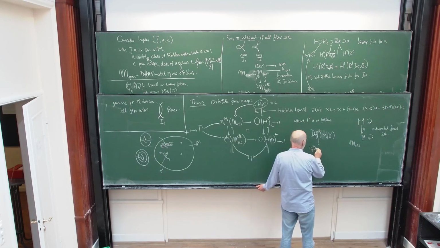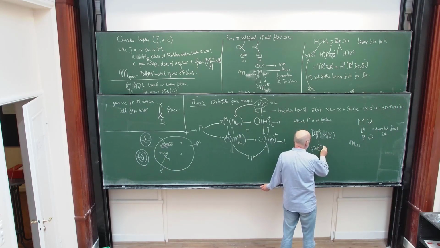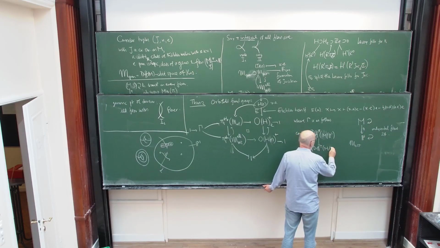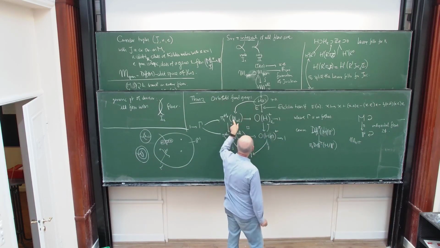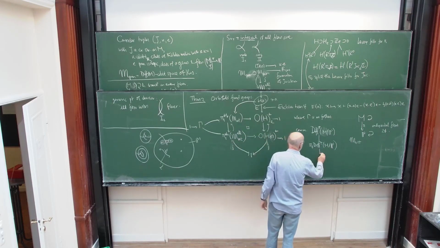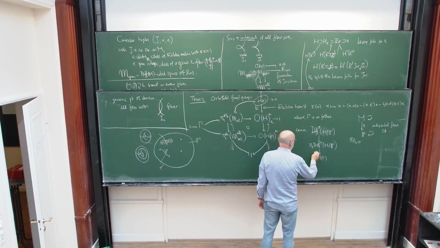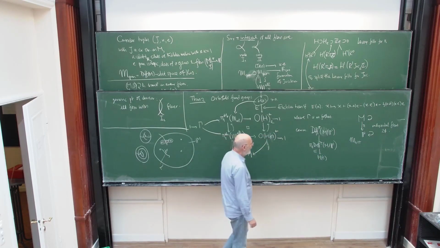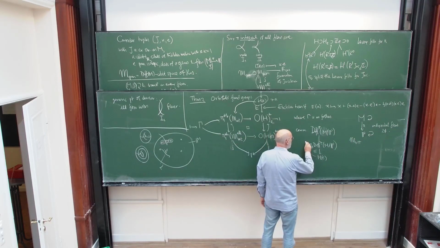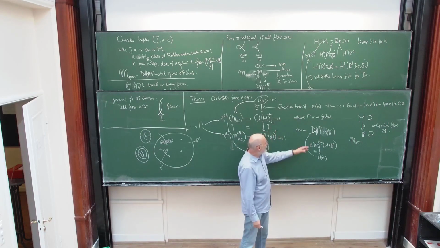So we can take the connected component group, and the connected component group will actually map to the image here. And the observation is that this is an isomorphism, and that we have in fact a section like this, simply because this is commutative.